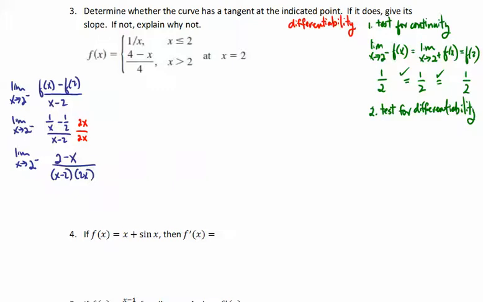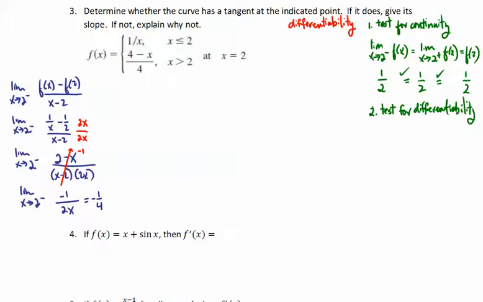Now the 2 minus x over x minus 2 are not 1, but they happen to be negative 1. And so I end up with negative 1 over 2x, and I'll rewrite the limit one more time. Limit as x approaches 2 from the left of negative 1 over 2x. Now I can simply plug in x equals 2, and I end up with negative 1/4. That is the limit of the derivative as we approach 2 from the left for this function.